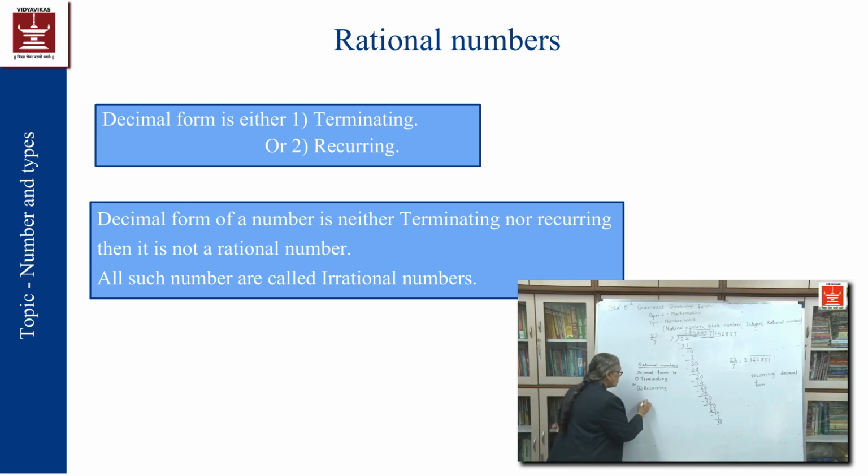So, if the decimal form of a number is neither terminating nor recurring, do such numbers exist?